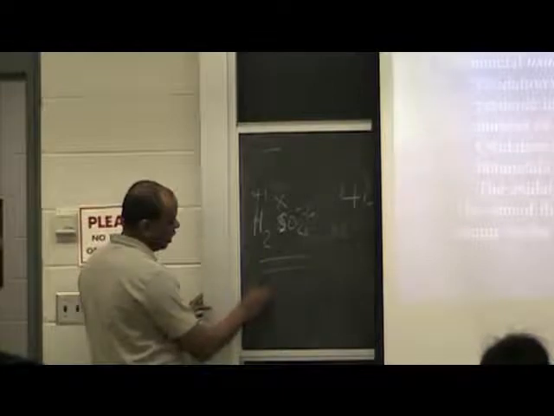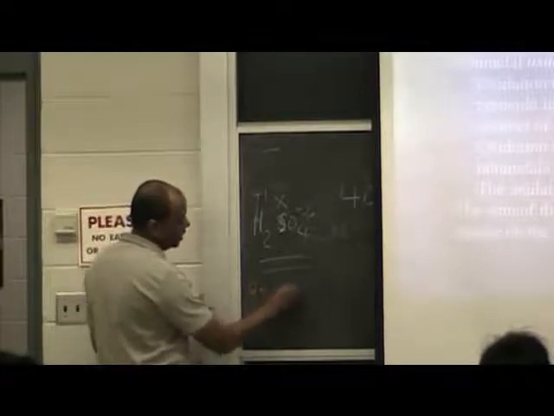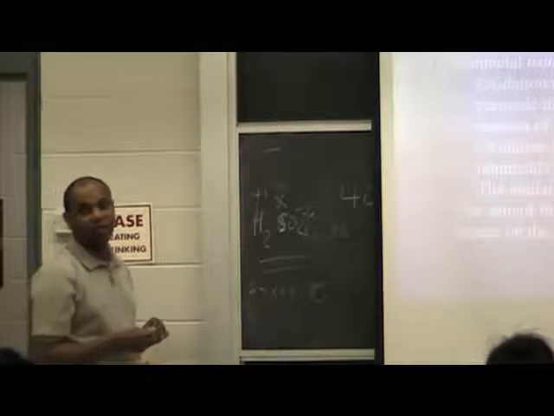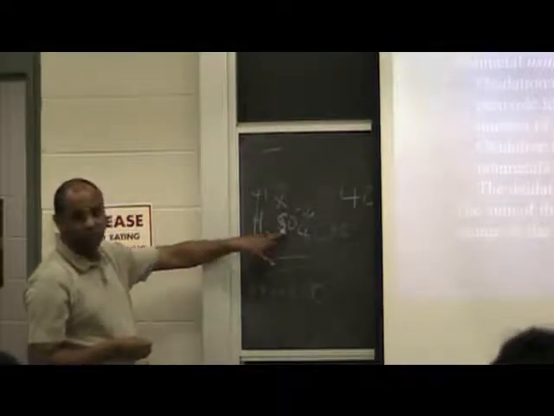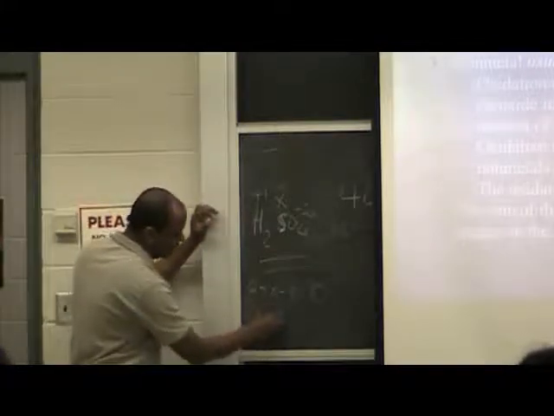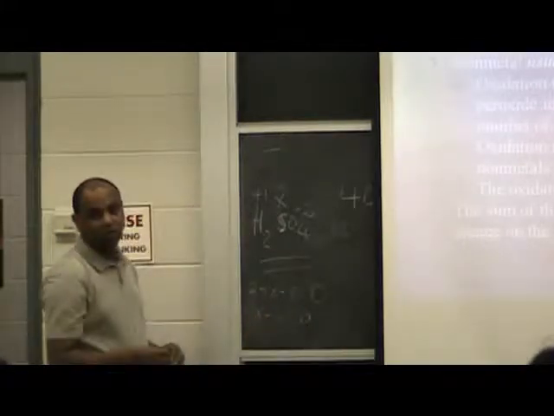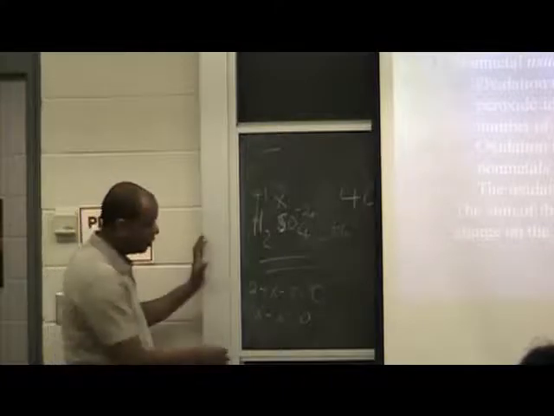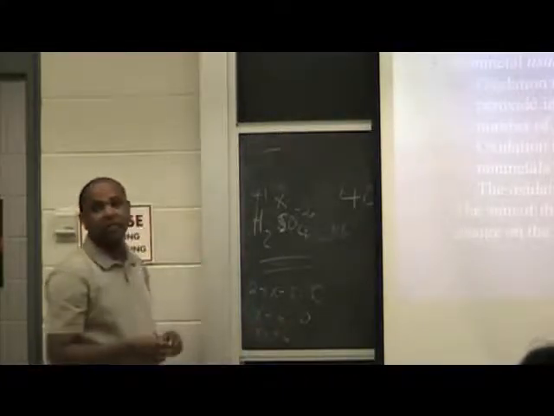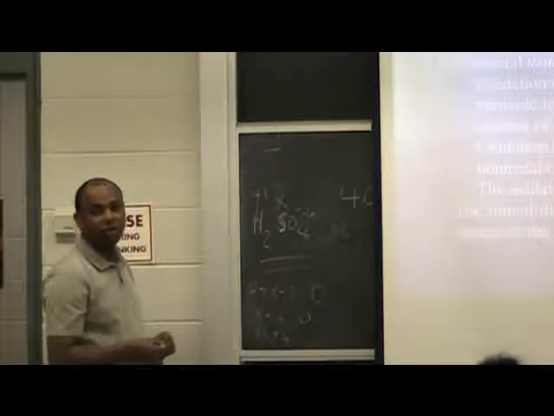So 2 plus x minus 8 has to give you 0, where x is the oxidation number for sulfur, right? So this is x minus 6 equals 0, and we can isolate this. x equals +6. So the oxidation number of sulfur in sulfuric acid is +6.